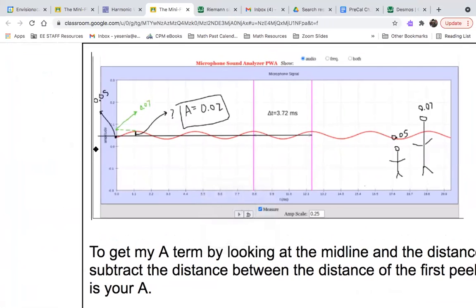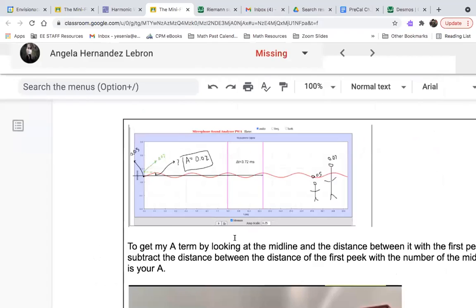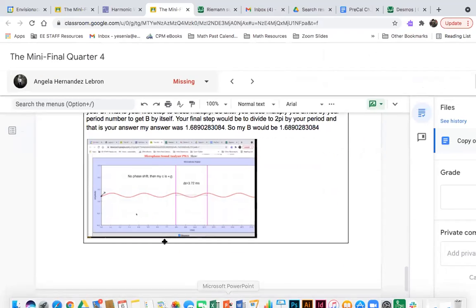That's your D term. That's it. That is your D. So basically it's the Y value of where your midline is intersecting the Y axis. That is your D term. And that's all you got to type out. So now that we have all that, we'll be ready to go to Desmos and put your function in there and see how it looks. Cool. Let me know when you're ready with that.